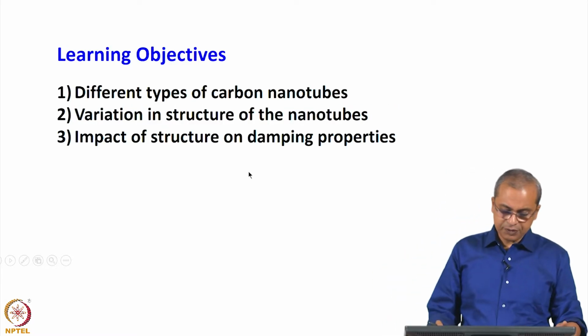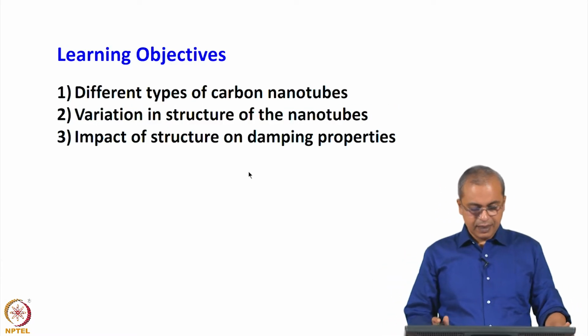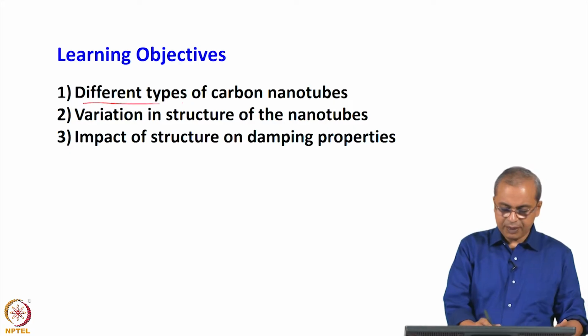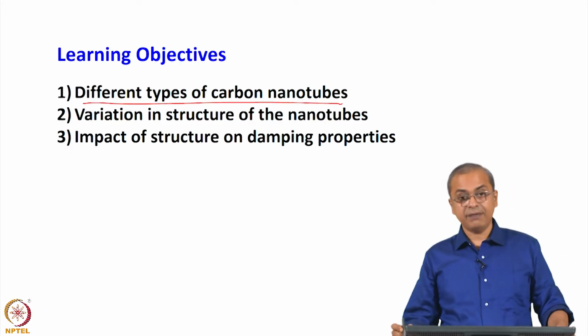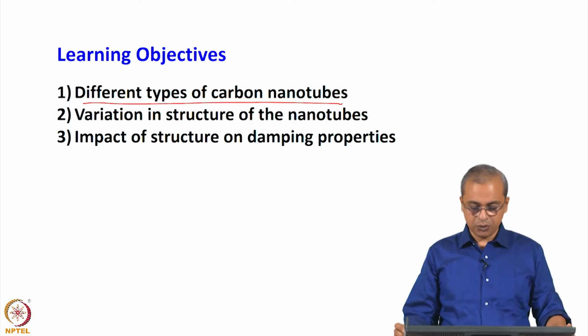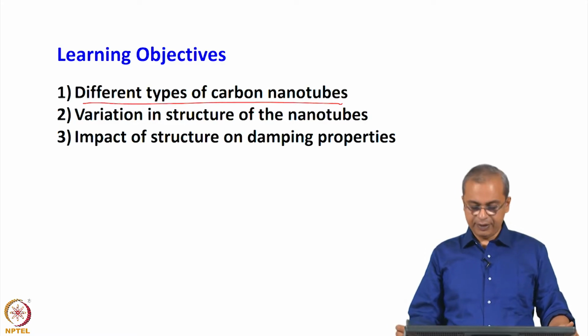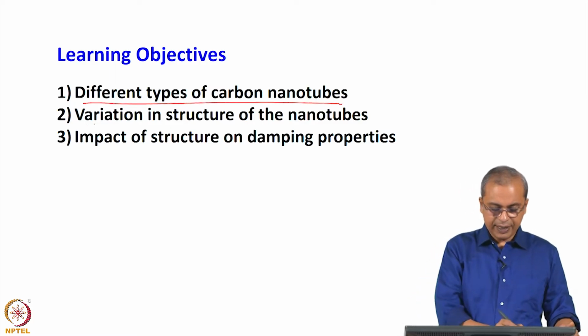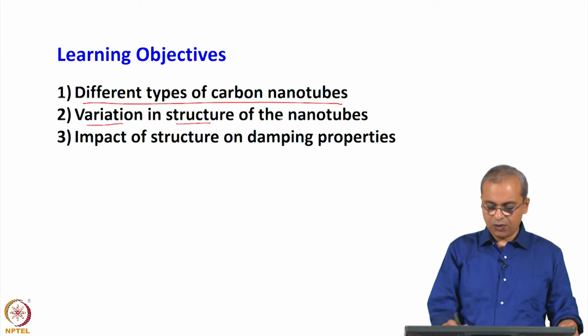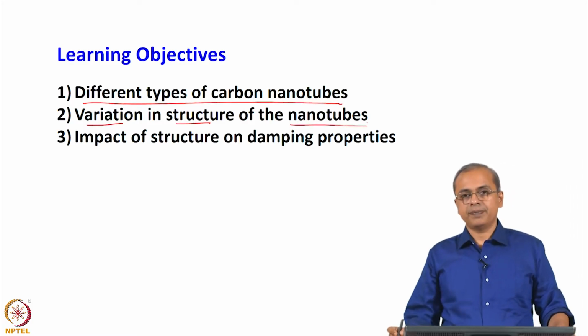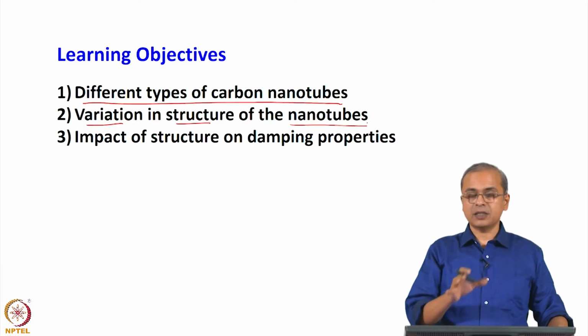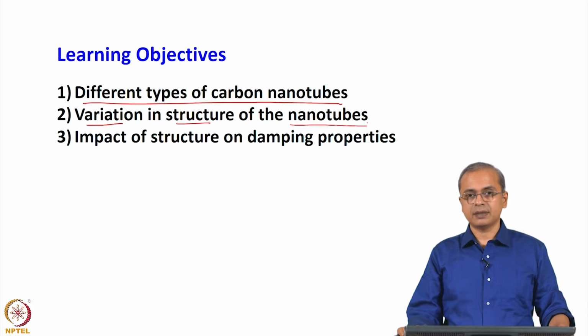So, our learning objectives for this class are we will look briefly at different types of carbon nanotubes. We have had discussions on carbon nanotubes through this course, but in the context of the damping activity we will look at different types of nanotubes. In particular, we will look at the variation in structure of the nanotubes, and this is where the science aspect of this work is present.